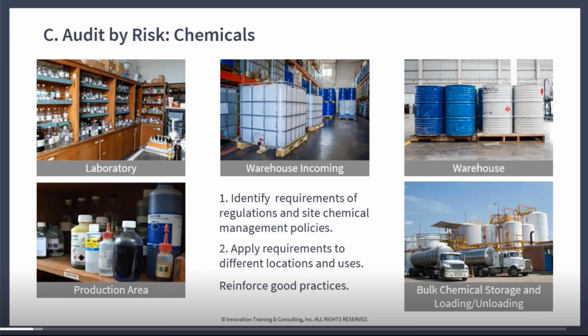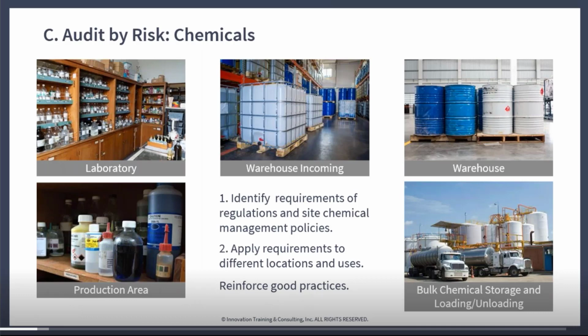The warehouse, you're going to have larger volumes of totes and drums and other types of containers. You might also have drums of things waiting to go out, for other purposes or for disposal. And then outside, you might have the tankers and the major tanks for storage. So as an auditor, you need to understand what is required.